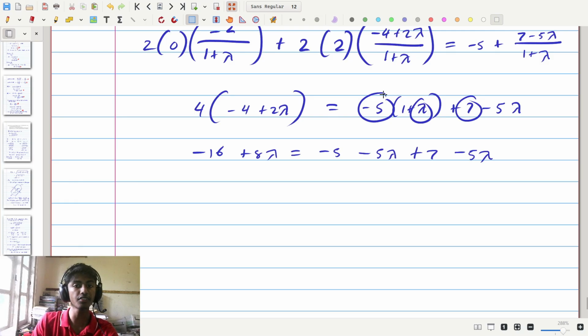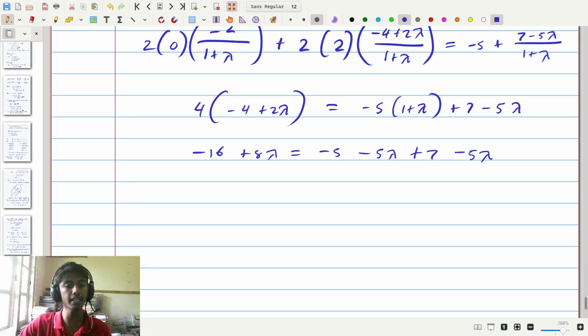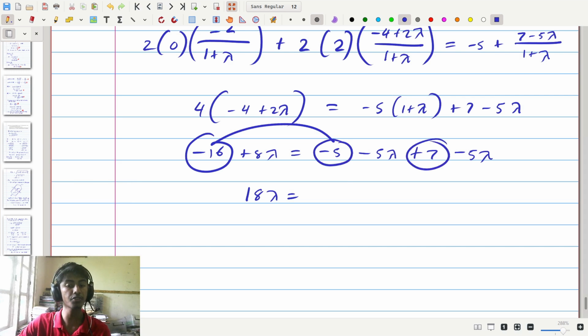Now simplifying, if we take this minus 5 lambda and this minus 5 lambda to the other side, we'll have plus 10 lambda. Taking that to this side, we have 18 lambda being equal to, and on this side, if we take the 16 over, we have plus 16, and then minus 5 plus 7, which is equal to 2, plus 16, which is 18. So we get on this side a total of 18.